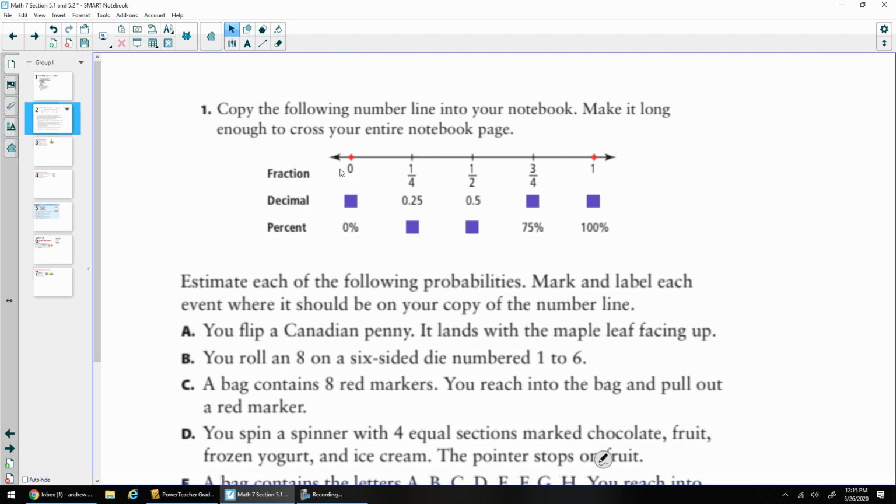Because 0 as a percentage is 0%, and you can't have less than a 0% chance that something will happen. And 1 as a percentage is 100%, and you can't have more than a 100% chance of something occurring. If it is going to occur, that's 100%, and it can't occur more than that. So all probability falls in between here.